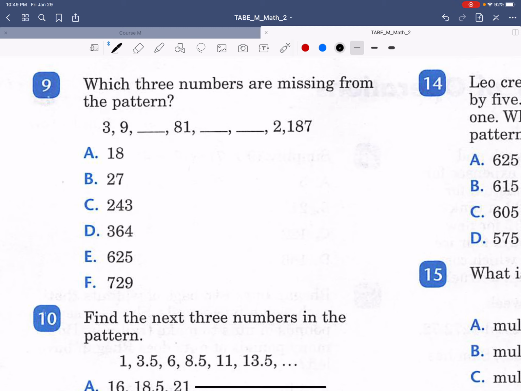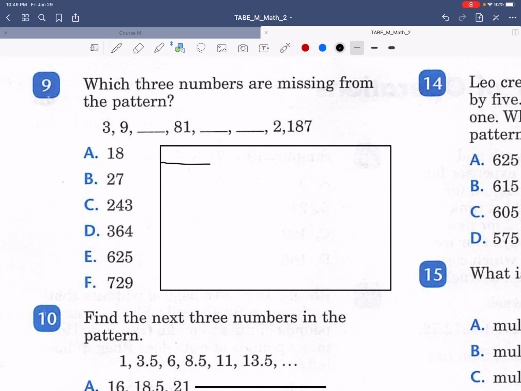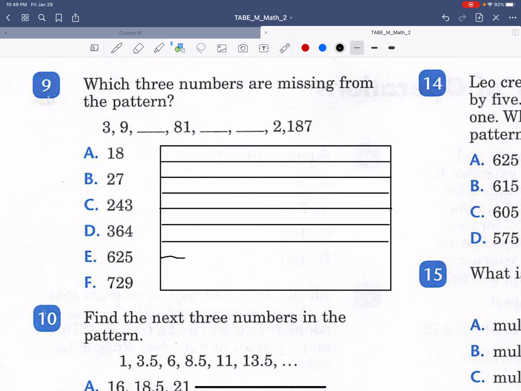So let's see, I have 1, 2, 3, 4, 5, 6, 7. Remember to count the unknowns. So I want a table with 8. 2, 3, 4, 5, 6, 7, and that's too big, so let me just take it off there.